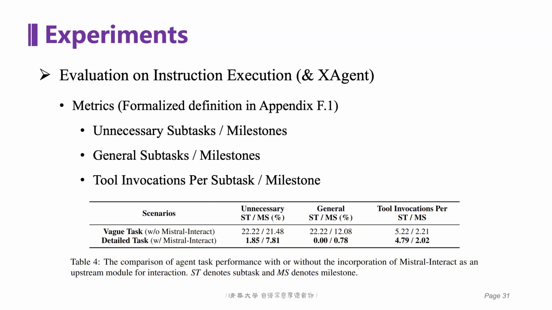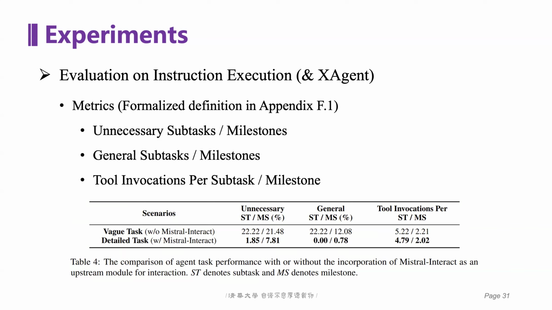From the results, we can see that the unnecessary subtask and milestone number significantly decreases, and the too general subtasks number also significantly decreases. For the tool invocations per subtask, the number also decreases.